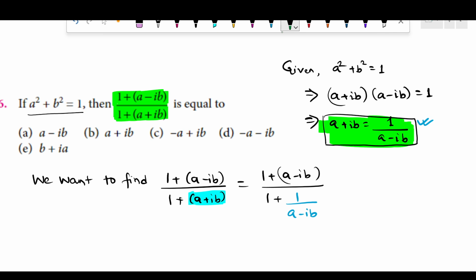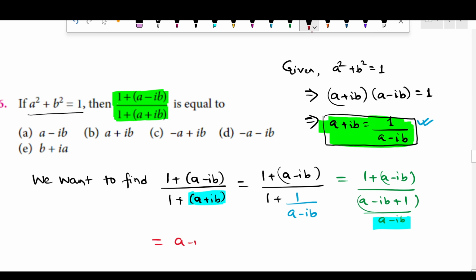Then you may take the LCM. So the numerator is the same. This will be a minus iota b plus 1 over a minus iota b. Now this thing goes to the numerator part. This will be a minus iota b, and you are left with 1 plus a minus iota b over this is a minus iota b plus 1.